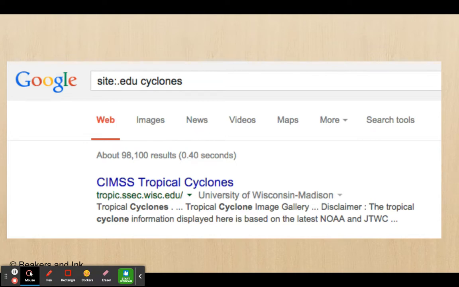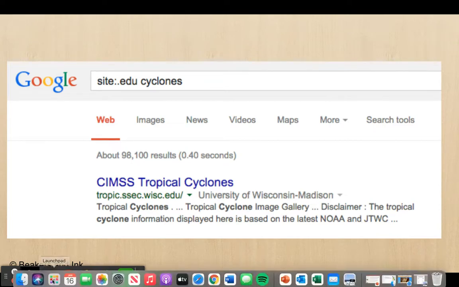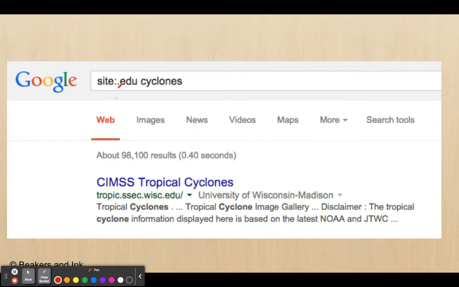It will narrow down all of the sites that pop up so that the only sites that come up are .edu and they are sites related to my topic of cyclones. I could do this exact same thing and change where it says .edu up at the top to .gov, .net, and it'll really just make my life a whole lot easier.